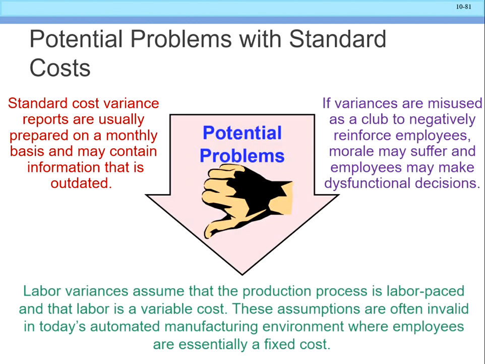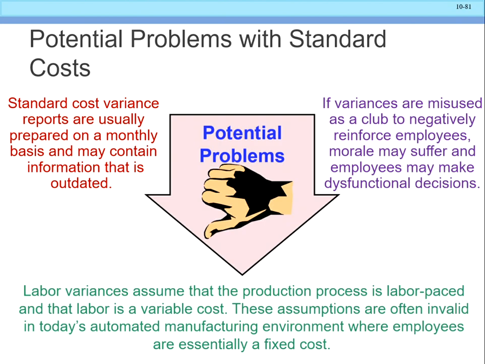Okay, then of course there are potential problems with standard costing. Standard cost variance reports are usually prepared on a monthly basis, so they may contain information which is outdated. Then, if variances are also used to punish employees, we may end up with morale declining or employees getting demotivated, so they end up making dysfunctional decisions.